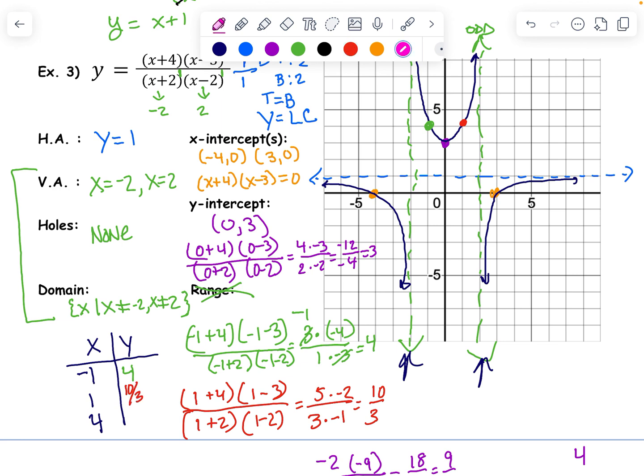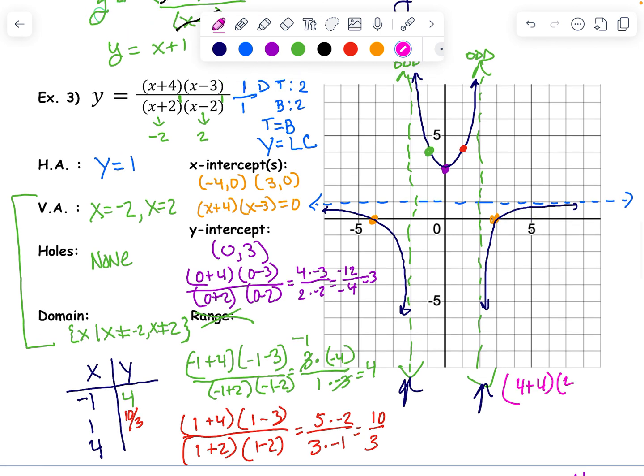Okay. Now what we can do is plug a point in over on the other side, and so we can go 4 plus 4. We're just substituting a 4 in. 4 minus 3, 4 plus 2, 4 minus 2.